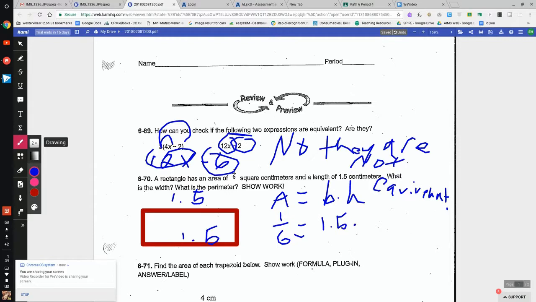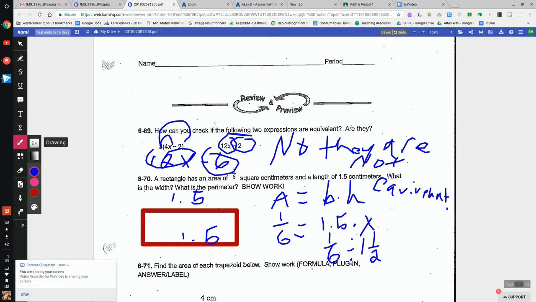So 1.5 times x is equal to 1/6. So what I can do is use division. I can take that 1/6. I can divide it by 1.5. And it should give me what my answer is working backwards.